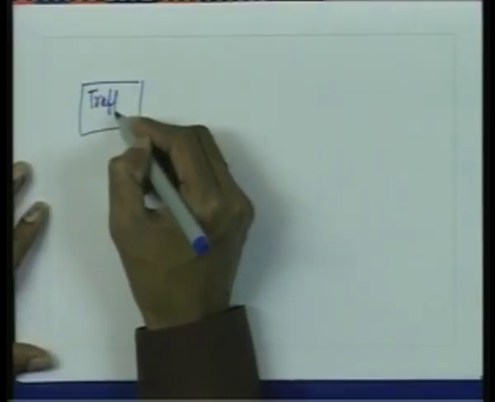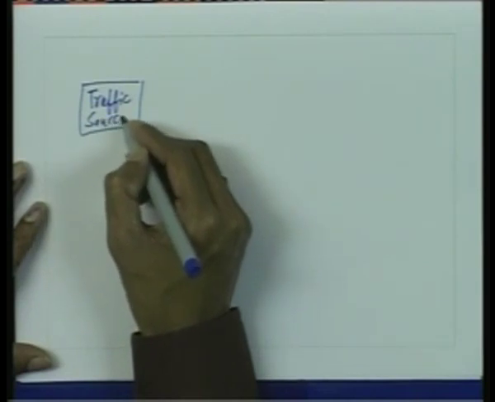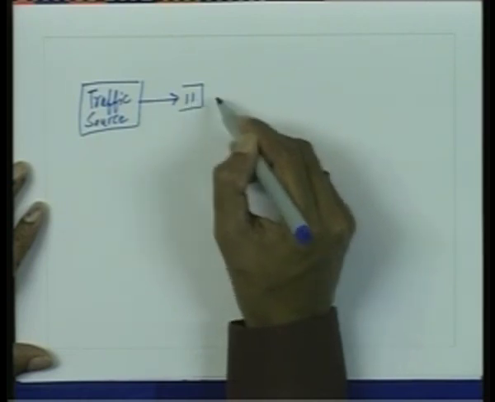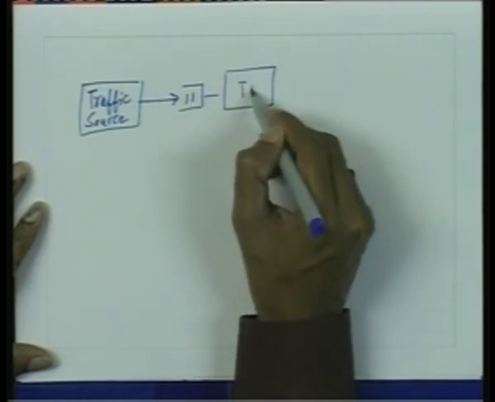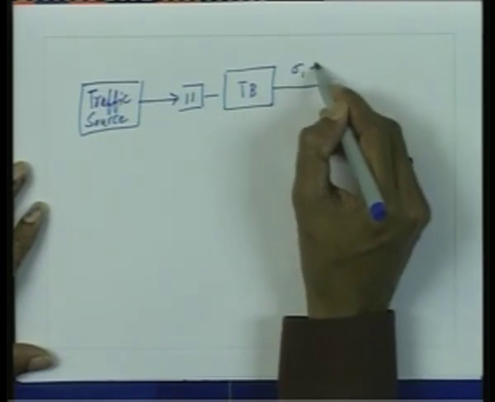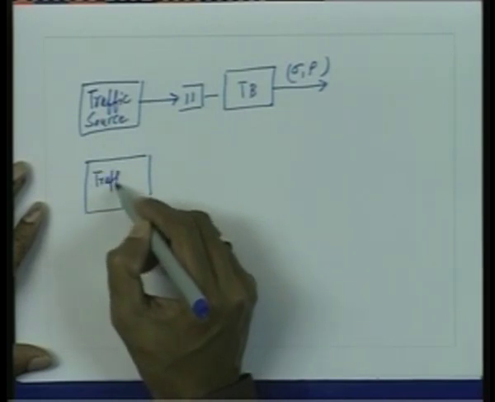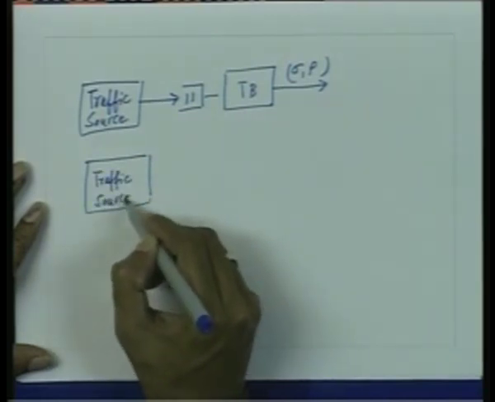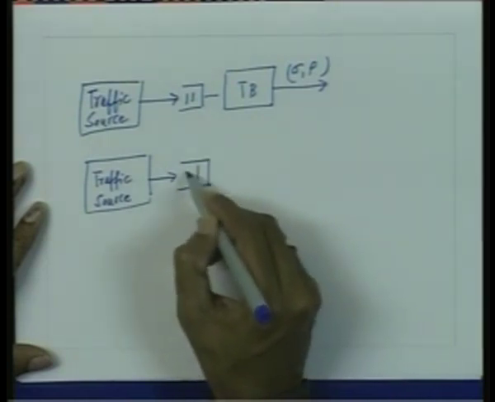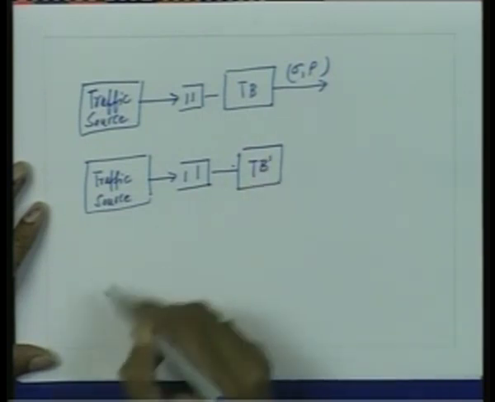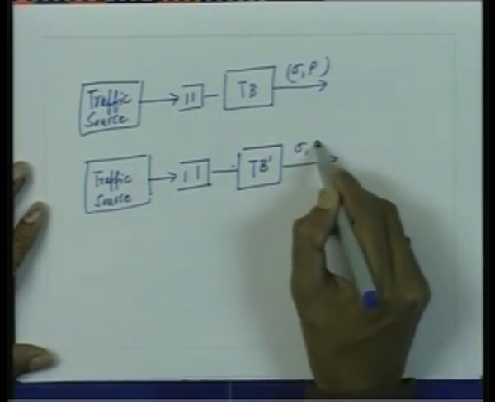Okay, so the scenario is like this: here is a traffic source and here is a packet buffer, and then it is passing through a token bucket regulator and the output is rho sigma. A similar situation is that there is another traffic source and it is also passing through a buffer, and this time there is another FIFO controller TB prime, and this output is also rho sigma.